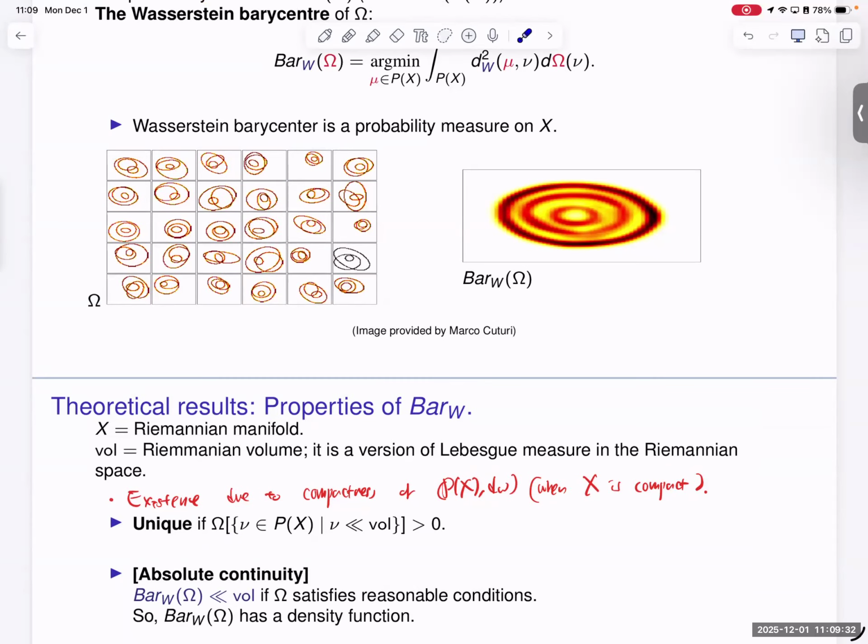The Wasserstein barycenter itself is a probability measure. So probably one of the first things you want to understand is whether such a measure is absolutely continuous with respect to the underlying reference measure, namely the Lebesgue measure, or not.